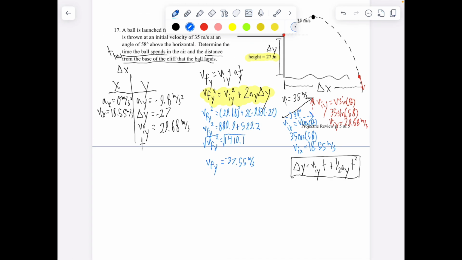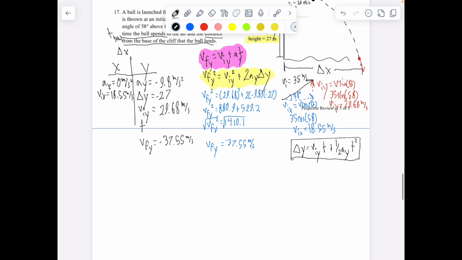Alright, so now we have our final velocity. Let's go ahead and add this into our y column. Final velocity in the y, negative 37.55 meters per second. Now, let's use our top equation that we have right here in pink. Let's use that and solve for our time we're spending in the air.